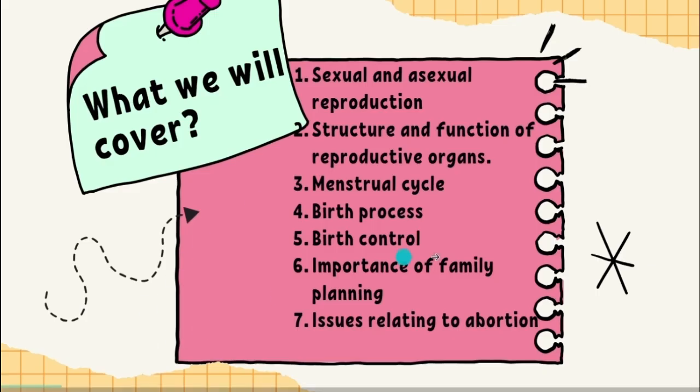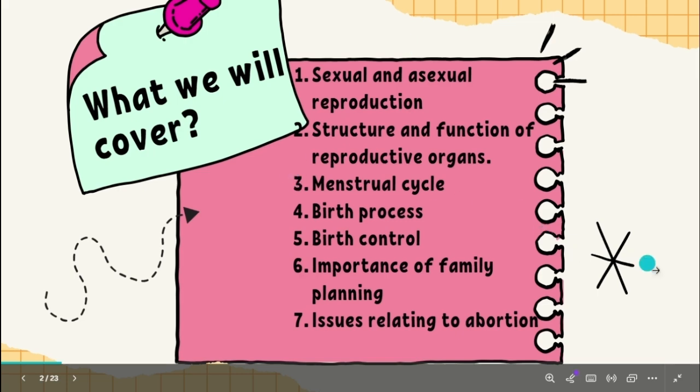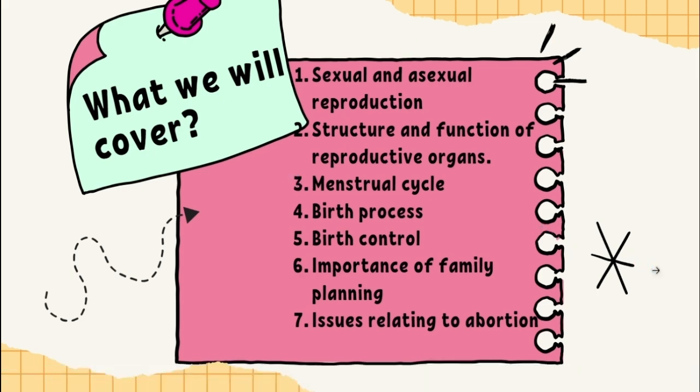So basically the goal is we want to get through these particular topics. The reproductive system is very broad, right? There's a lot that goes into it. What we want to talk about is sexual and asexual reproduction, and the structure and function of our reproductive organs, both for the male and the female. Although, the female one I'm going to take up a bit more time because a lot more goes on there.